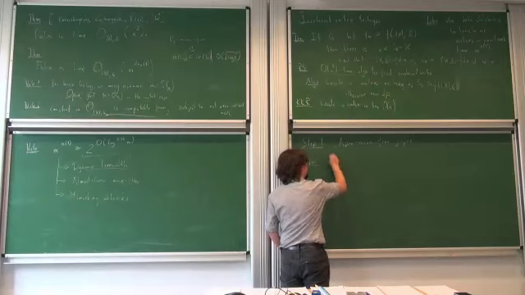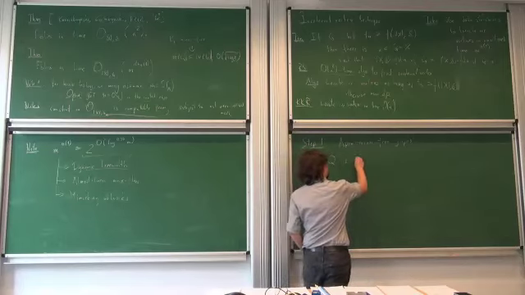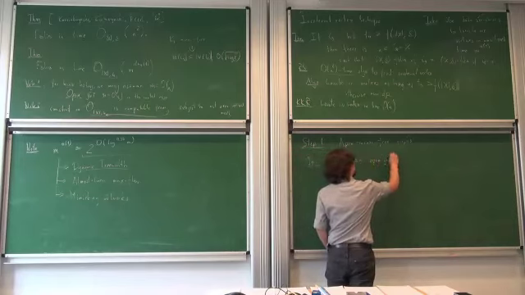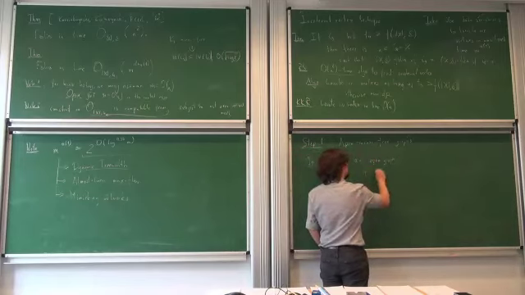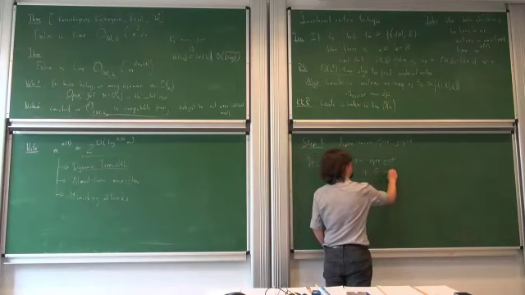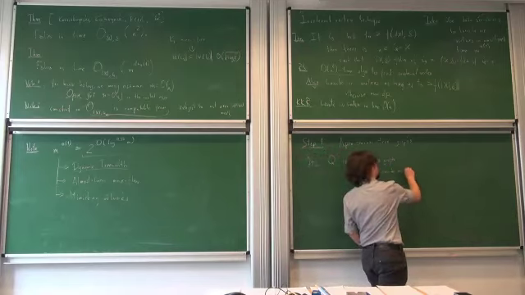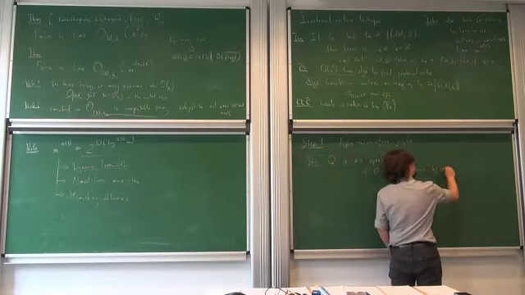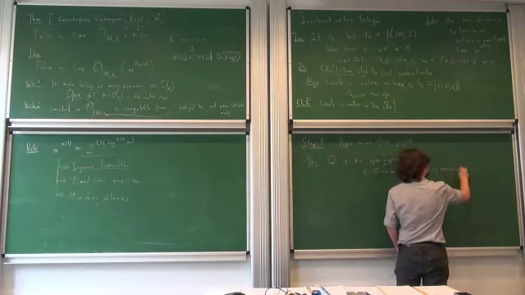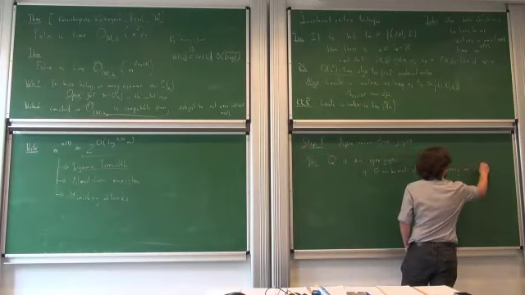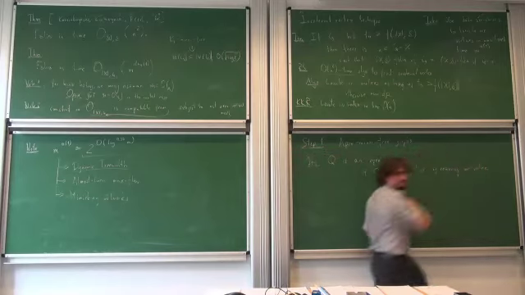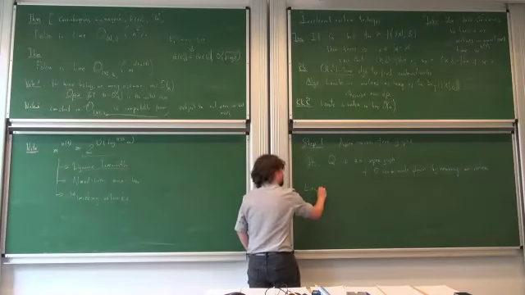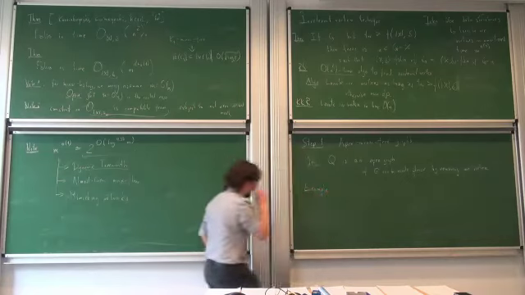I will say that a graph Q is an apex graph if Q can be made planar by removing one vertex. Yeah. So let's make an example, which will be an important example.